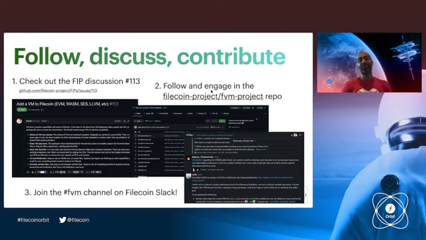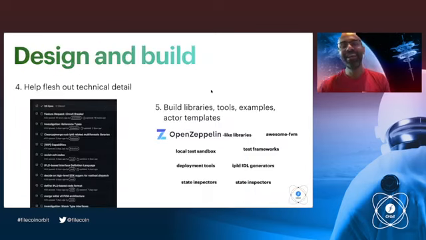So how can you get involved? First of all, if you want to check out the FIP discussion, that would be one thing that I recommend you to do. Next thing is to follow and engage in the Filecoin project FEM repo itself. Another thing that you can do is join the FEM channel on the Filecoin Slack to stay tuned with everything that's happening.